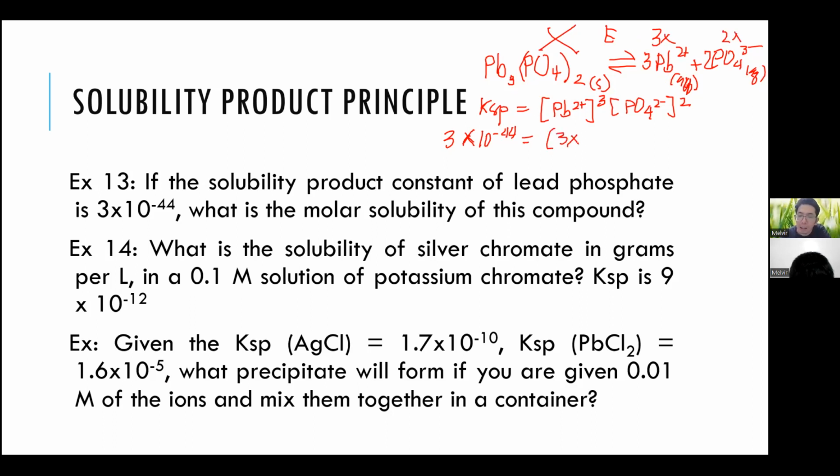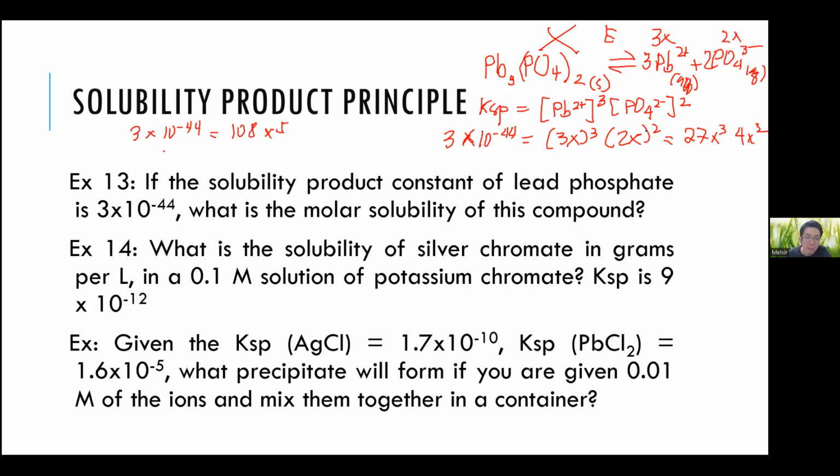So this is (3x) cubed times (2x) squared. 3 times 3 times 3 is 27, times 4 is 108, so 108x to the 5th. Very good. Now 3 times 10 to the negative 44 is equal to 108 x raised to the 5th.